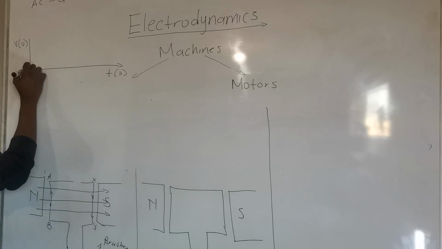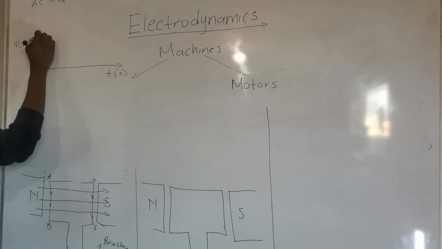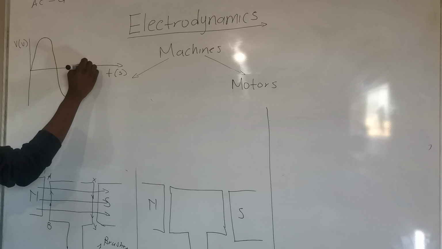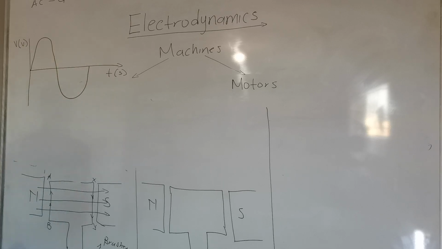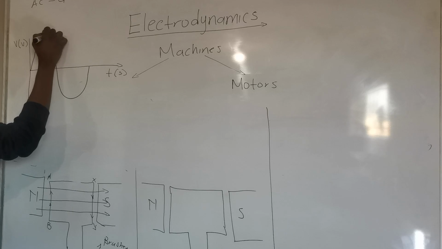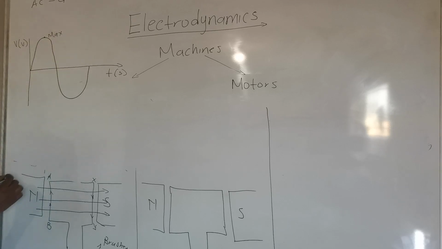So it is going to be somewhere at 0, then near maximum, then change direction, and then it gives us something like that. The point that you see here is the Vmax. That is our maximum voltage. Put that in mind, the maximum voltage.